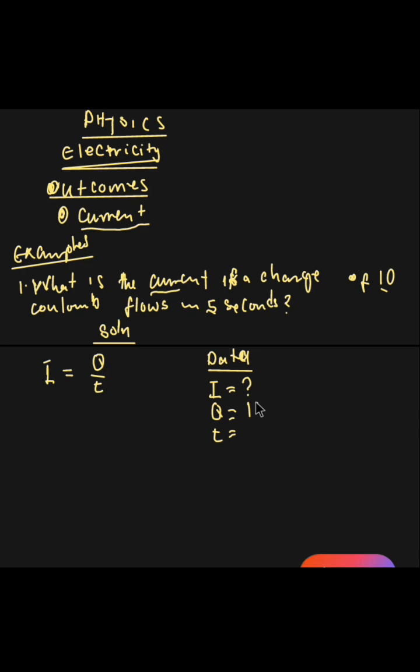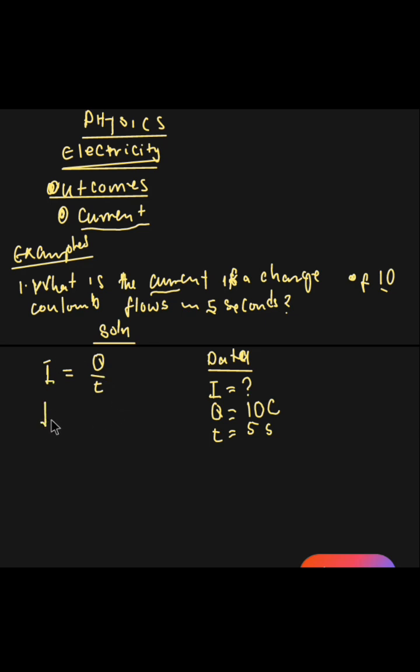Yes, the charge we are given that we have 10 coulomb. Then what about the time taken? The time taken, yes, we are told that we have 5 seconds. So now that we have our data here, it's just a matter of replacing in our equation.